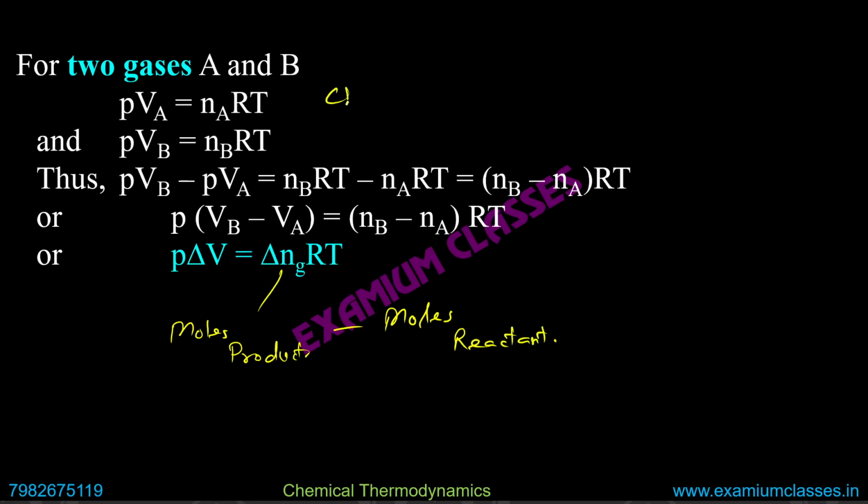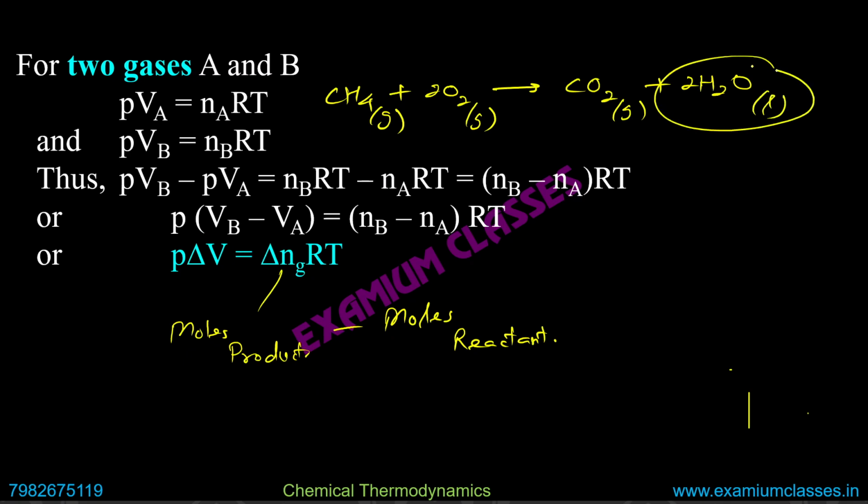Let me take the same example I talked about earlier, combustion of methane. Remember, this is only true for gaseous moles. As you see here, this is liquid, so if I have to calculate delta Ng, I will calculate only the gaseous moles. The number of moles on the product side is 1 mole of carbon dioxide. I will not consider the moles of H2O, although it is 2H2O, because I will consider only the gaseous moles.